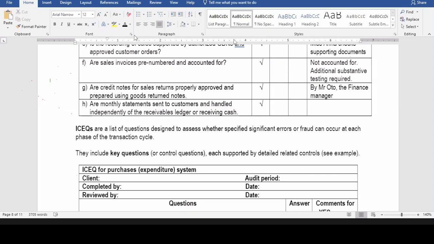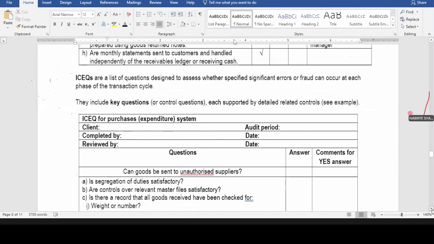So the evaluation questionnaire brings out the weaknesses if they are there, or brings out whether the control works effectively. Many audit firms actually use the ICE2 because it records and also evaluates.